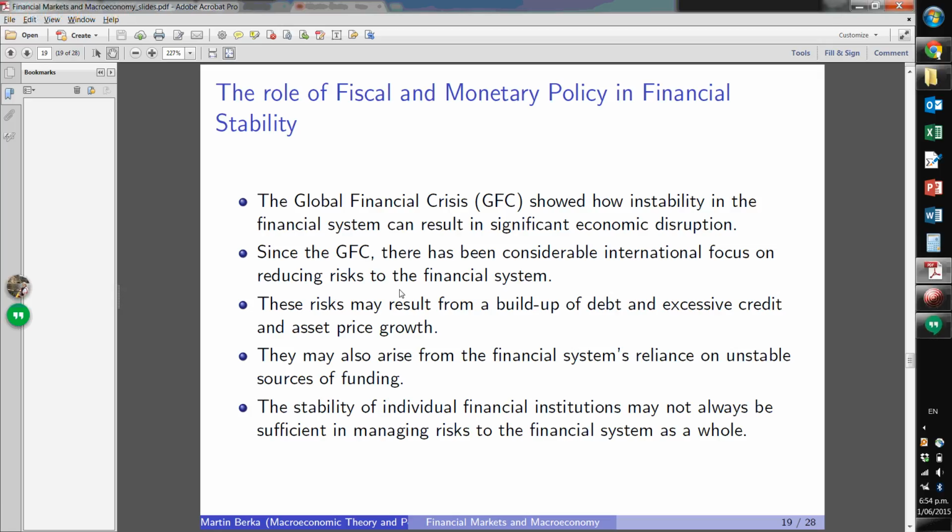Considerable international focus has resulted in reducing the risks to the financial system. They can be results of various aspects: the buildup of debt, excess credit, asset price growth, and they arise also from the financial system's reliance on unstable sources of funding potentially, right? So, all of these things are potentially problematic.